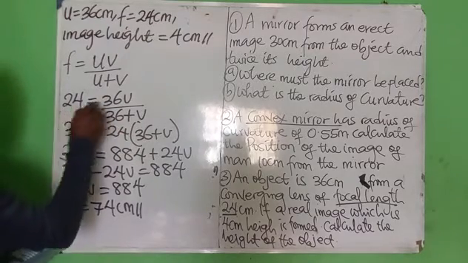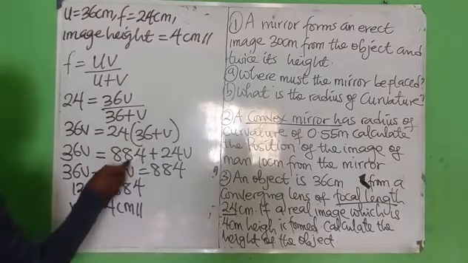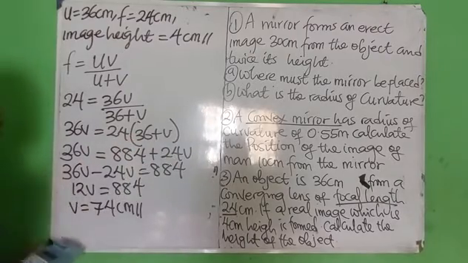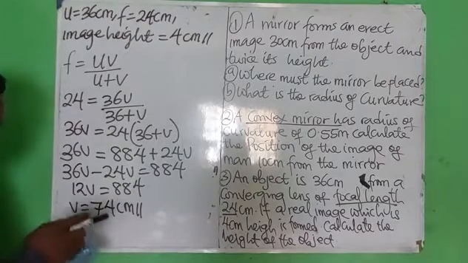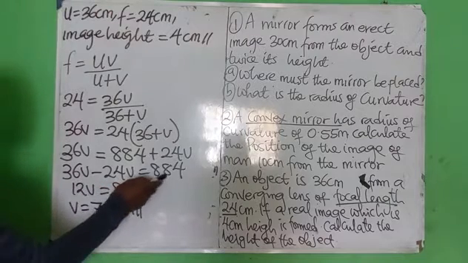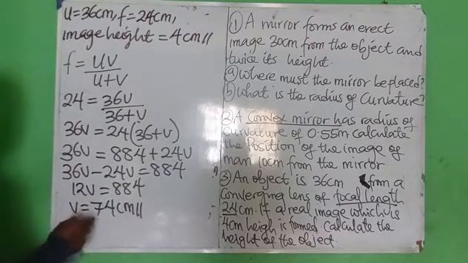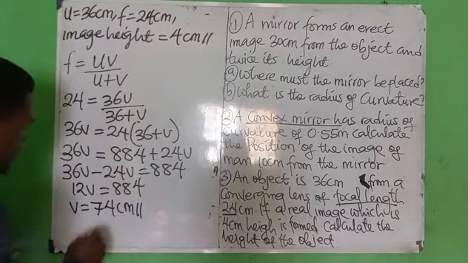Collect like terms, so 36 minus 24, you have 12V. So 12V divided by this, you have 72 centimeters approximately. Is that the final answer?